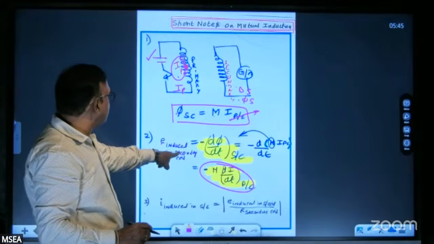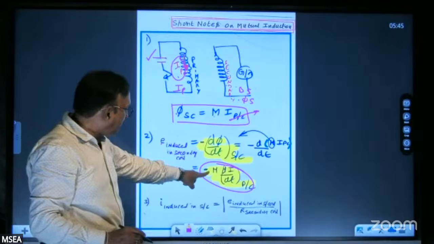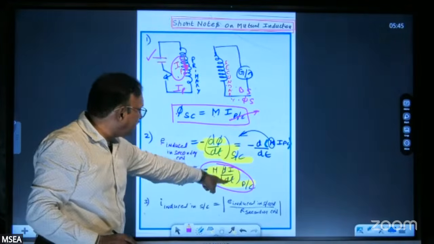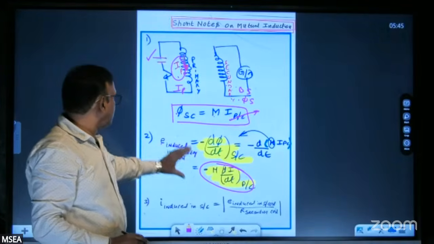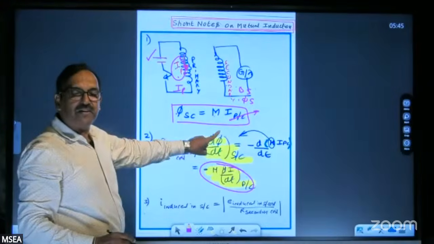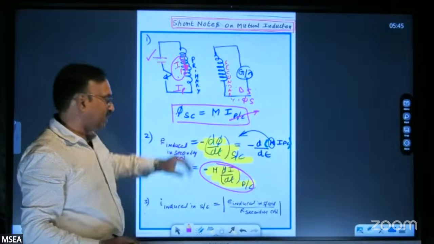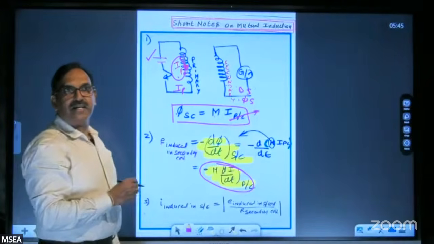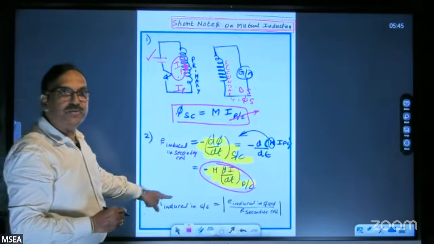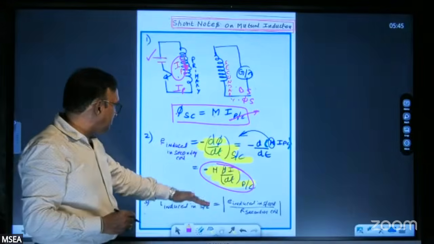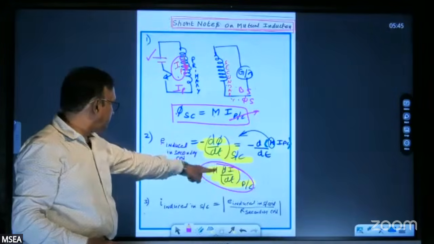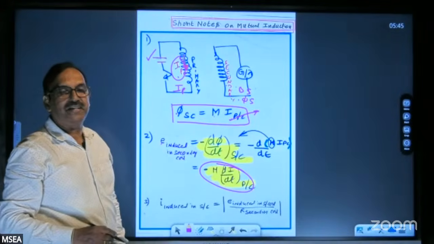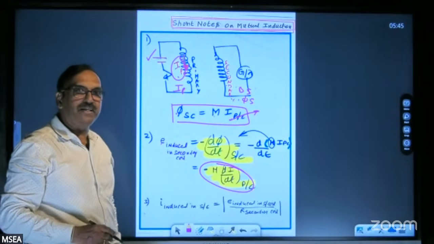So the EMF induced in the secondary coil is minus M, the mutual inductance between the two coils, into di by dt through the primary coil. This is a small but important formula in mutual inductance. Once you know the EMF induced, you can calculate the current induced, which is EMF induced divided by resistance. You know the EMF and the resistance, and from that you can calculate the current.